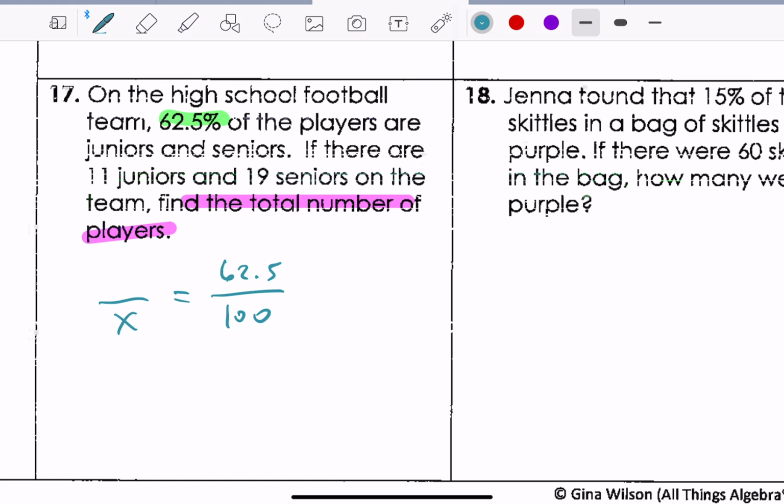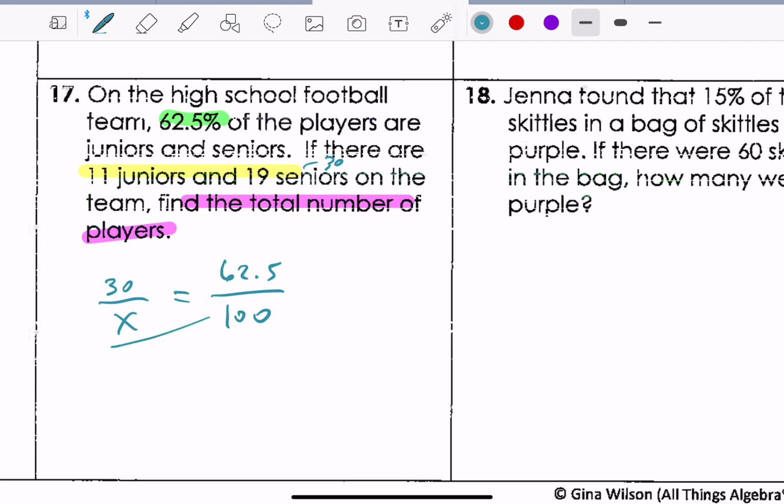But what goes on top? Well, 62.5% are juniors and seniors, and they're 11 and 19. So these make up the top. You have to add those up, but 11 plus 19 is 30. So 30 juniors and seniors, the total class is 62.5%.